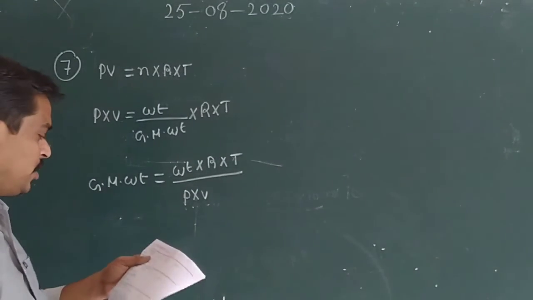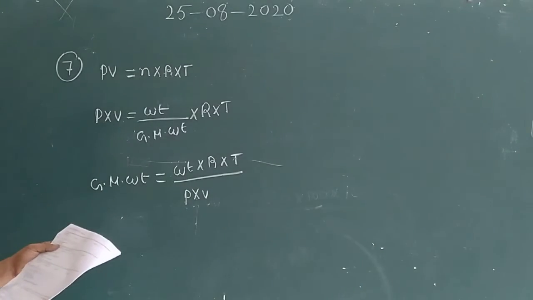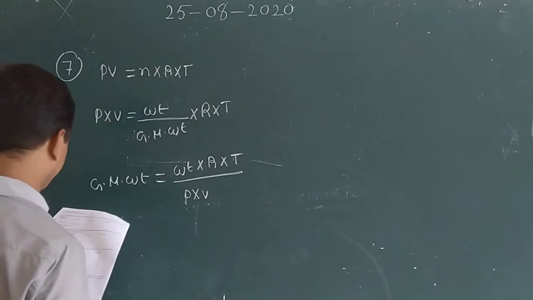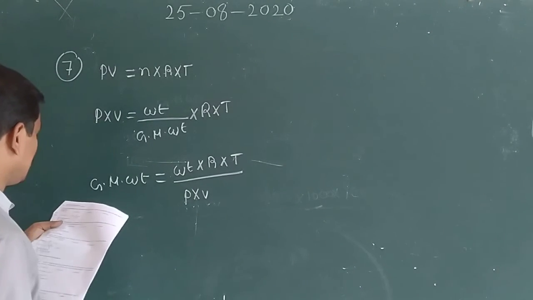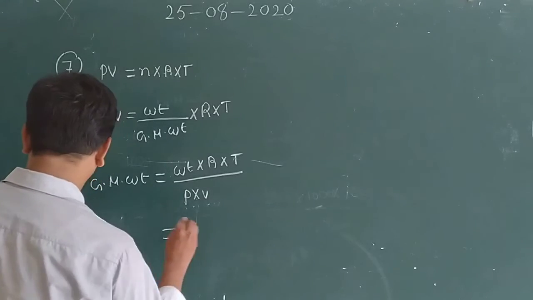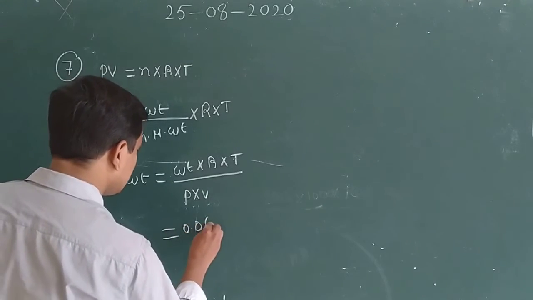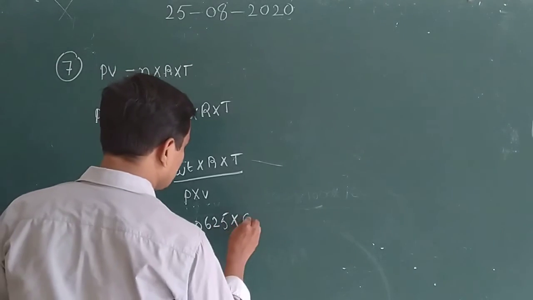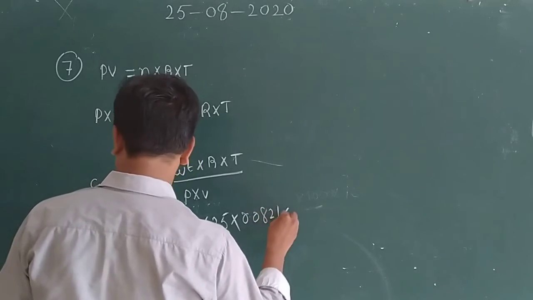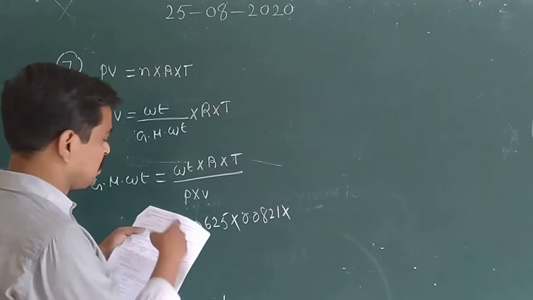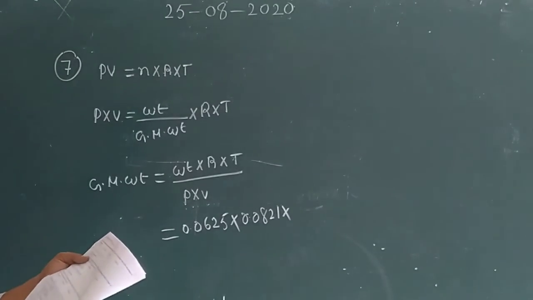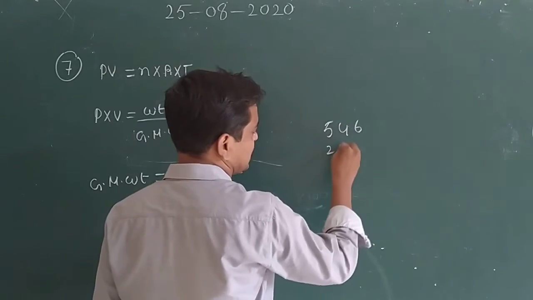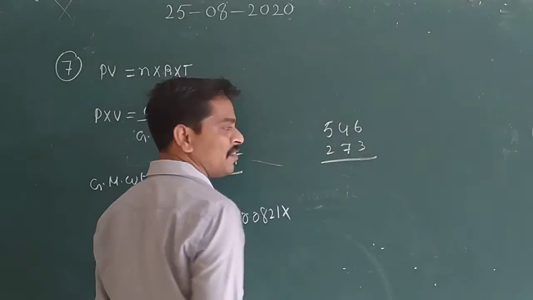In this question the weight is given as 0.0625. Next, R value 0.0821 into temperature, that is 546 plus 273.